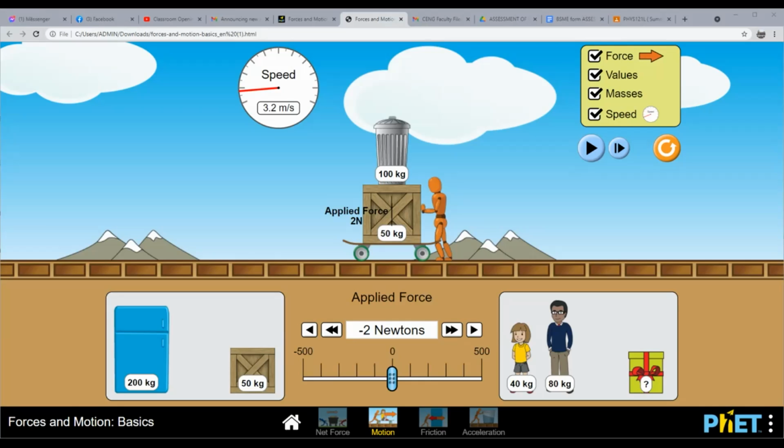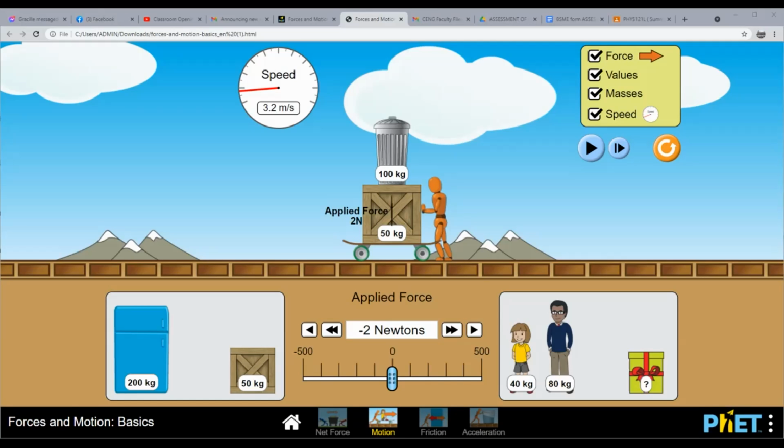Is mass directly or inversely proportional to the acceleration? Inversely proportional. So meaning, once we increase the acceleration, the mass should decrease. That is to maintain the same force requirement.